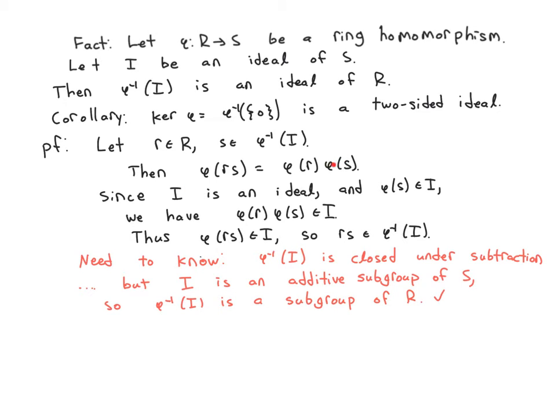Since I is an ideal and phi of s is in I, by definition of ideal, we have phi of r times phi of s is in I. So by definition of preimage, since s is in phi inverse of I, phi of s is in I, and because I is an ideal, multiplying something by an element in I gives you an element in I. So this product is an element in I. Since this is an equality here, we have phi of rs in I, which means rs is in the preimage.